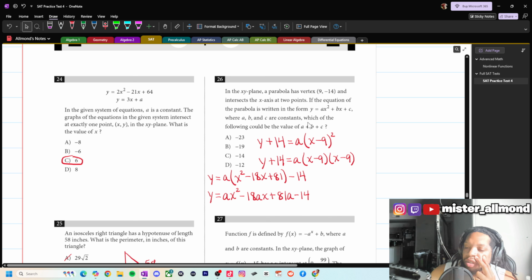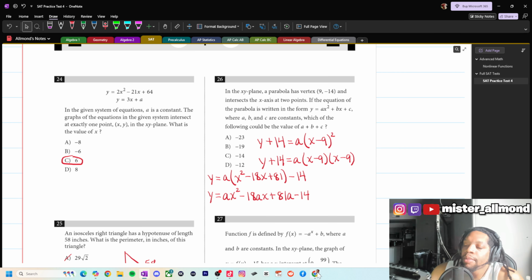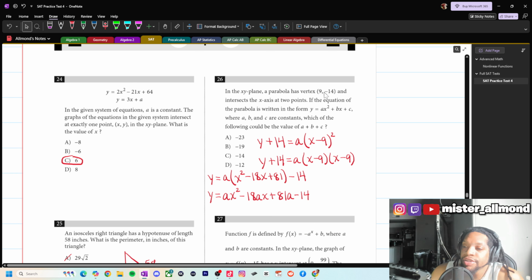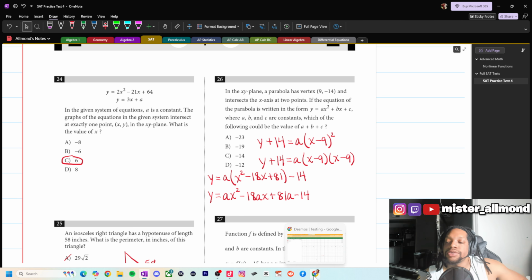Because there's 3 variables, I don't even think I can start to create a system of equations. So I'm going to probably use Desmos to my advantage and maybe come up with one specific equation that does have that vertex and has 2 roots, and then just see what A, B, and C added together are. So how would I do that?